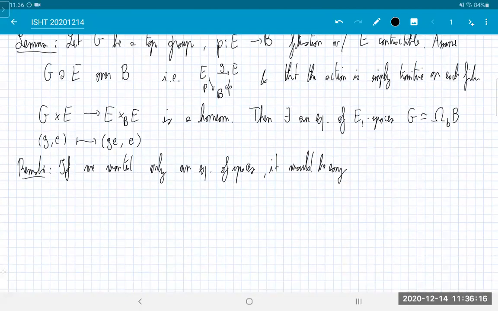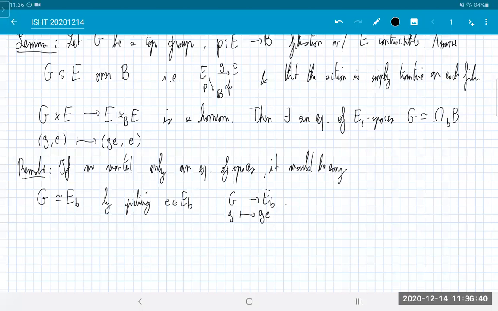Because G is equivalent to the fiber over E in B, just by picking E on this fiber and taking the map G to E times_B E, G goes to (ge, e), which is an equivalence because it's an equivalence on the fiber over E of the second projection to E here.